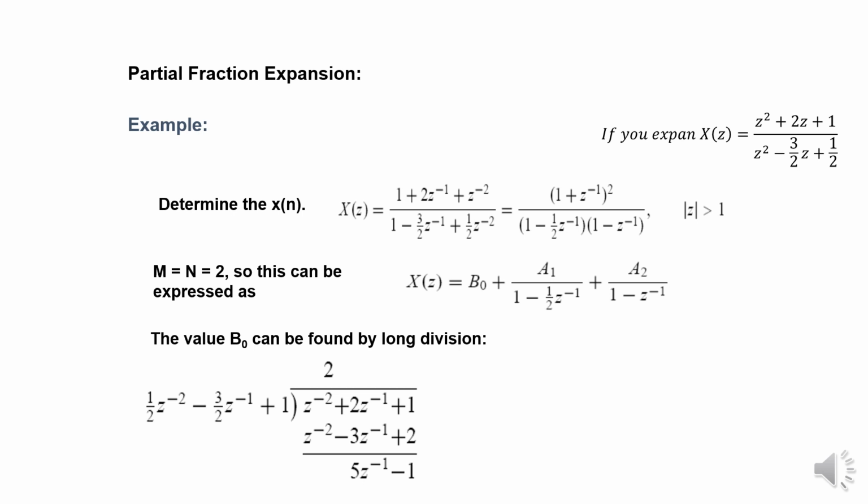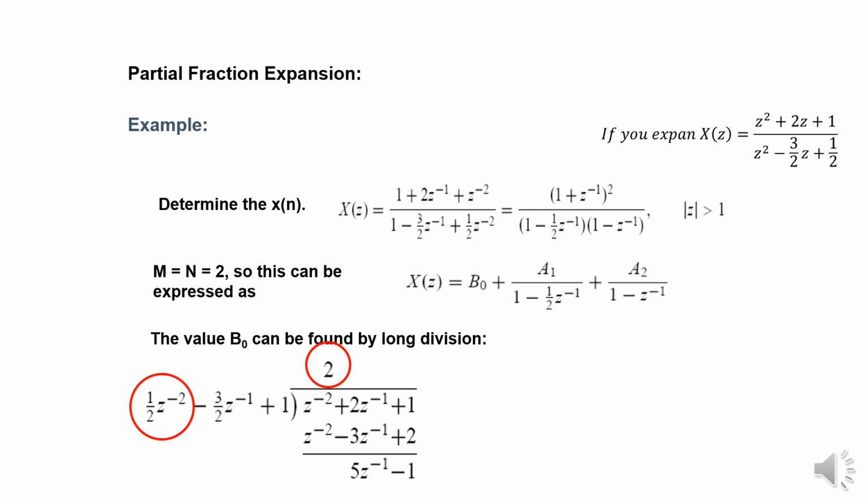So how can we divide this? I have shown you this division. First consider 1 over 2 z to the power minus 2. How many of 1 over 2 z to the power minus 2 go into the z to the power minus 2 term that you can see in the numerator?